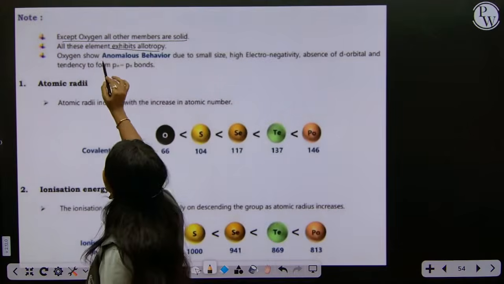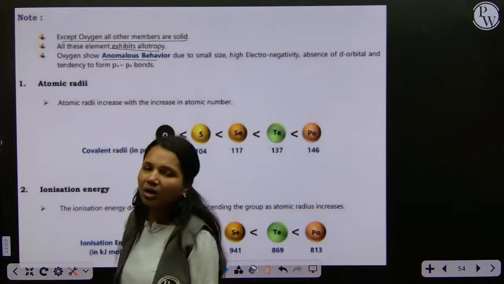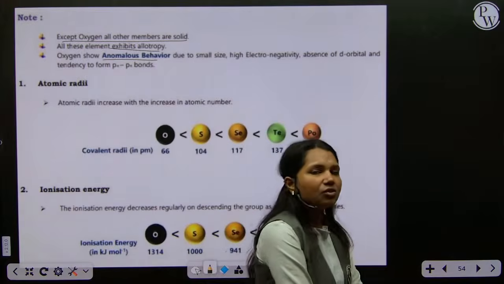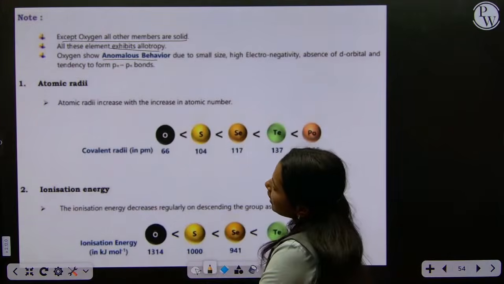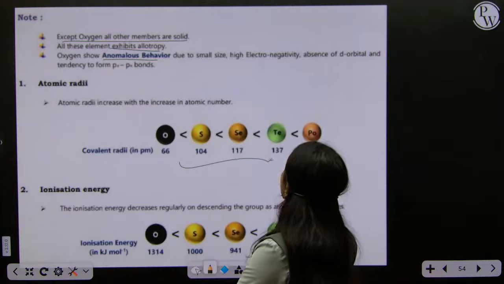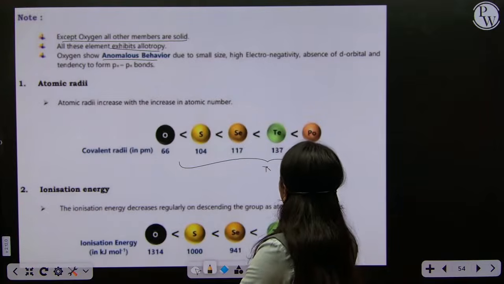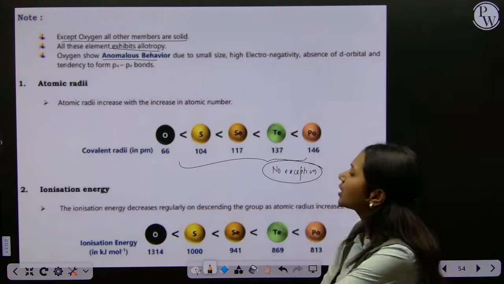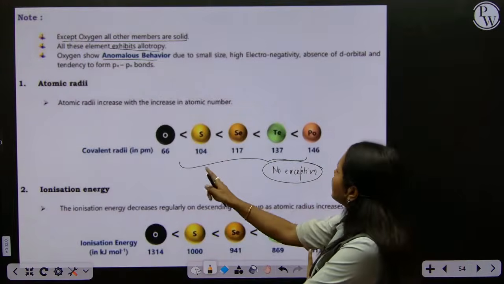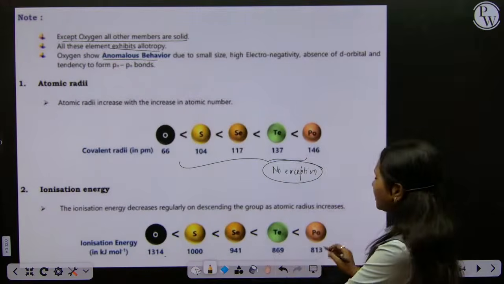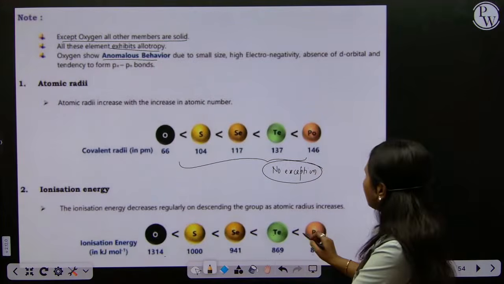Oxygen shows anomalous behavior, which we know already, because of its small size, high EN, and absence of d orbital. Atomic radii increase with increase in atomic number. There is no exception for this. Down the group, size increases. Down the group, ionization energy decreases: oxygen, sulfur, selenium, tellurium, and polonium.